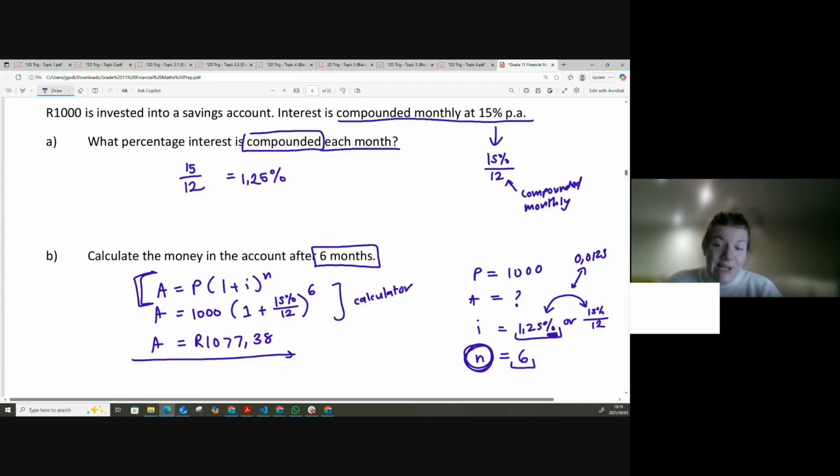In grade 10, you're taught that N is years, but N is not years. N is the number of times interest is added. And in this case, interest is being added 6 times because it's being compounded monthly.